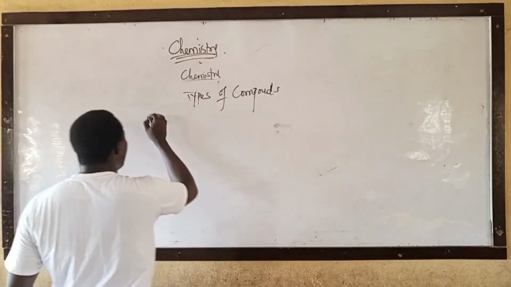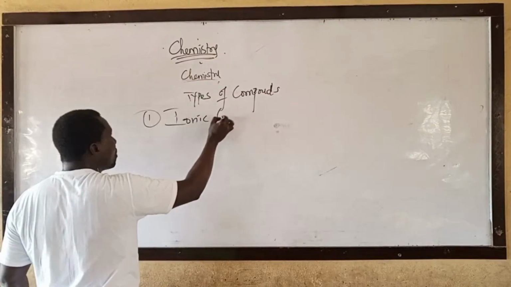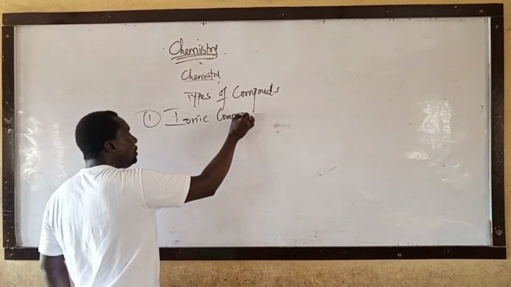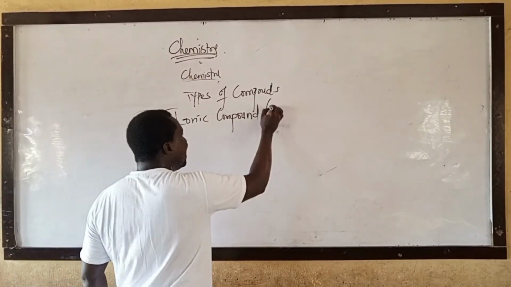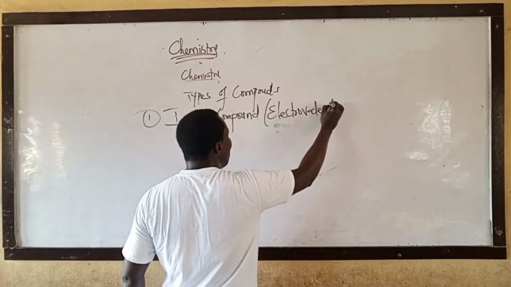Number one, ionic compound, which is also known as electrovalent compound.